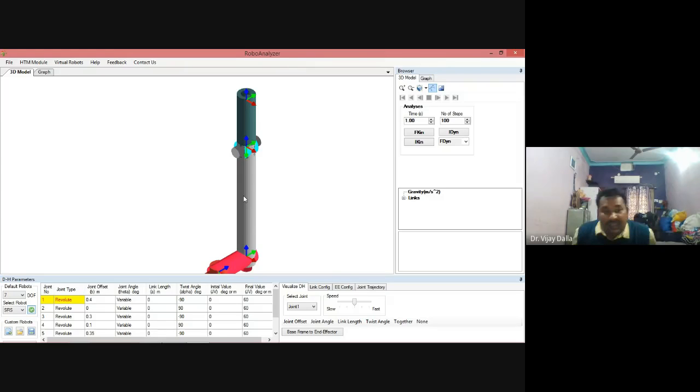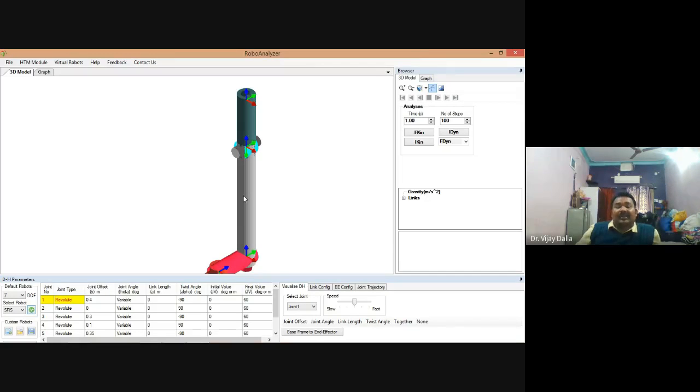So why are these DH parameters, or the DH convention, required? The DH convention is used for getting the kinematic equations of the manipulator.